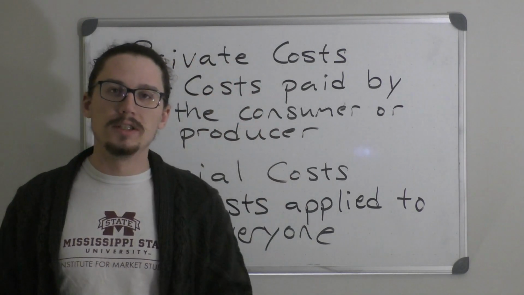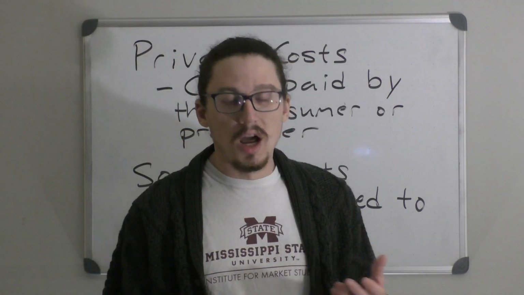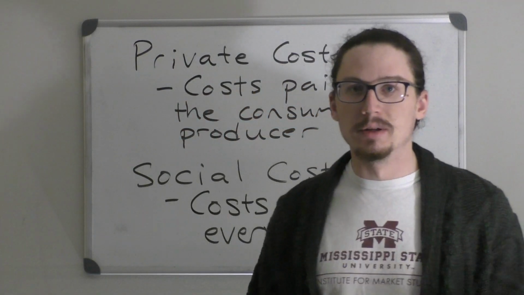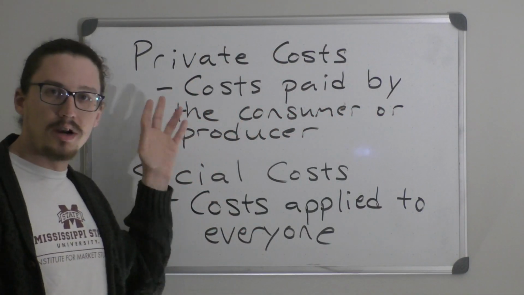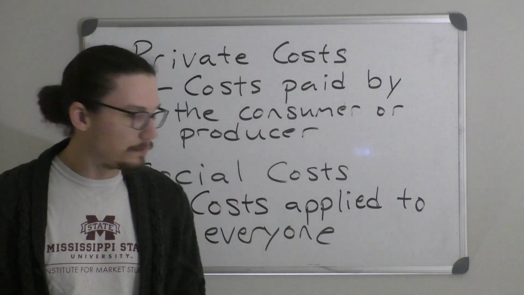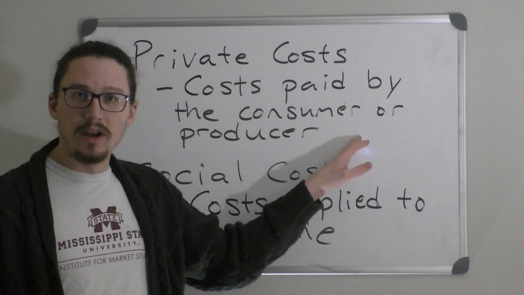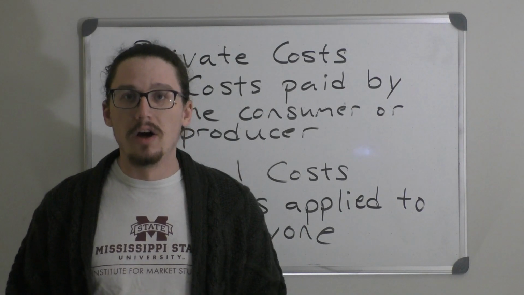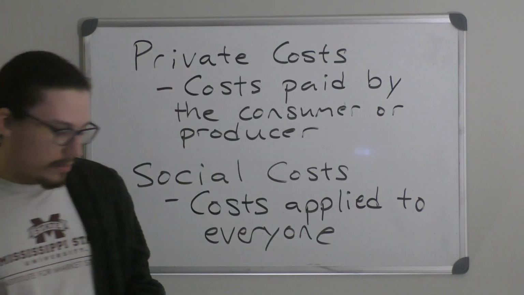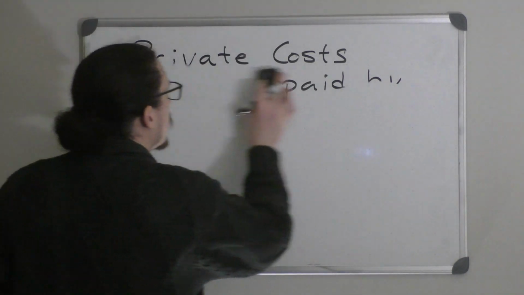So when we have differences between these two, we cannot get to a socially optimal point. The reason for this is that individuals, if we're looking at the cost aspect, are only going to consider their own costs. They're not going to consider the costs of other people, and those are our external costs.